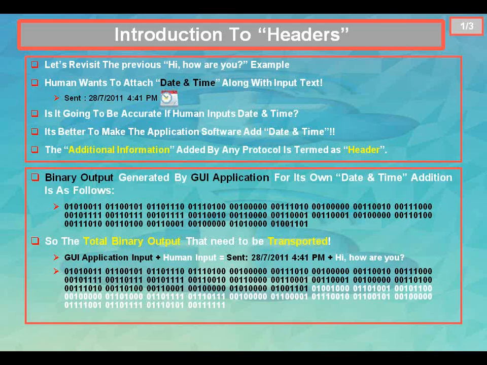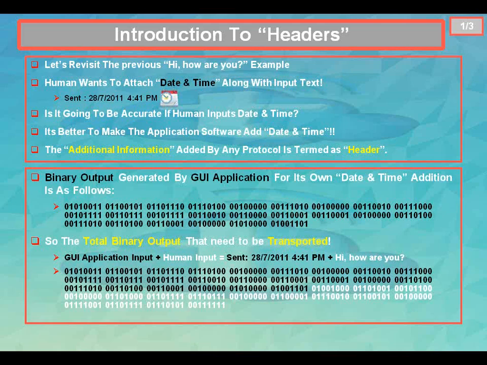But if the sender is sending a 20 byte header and the receiver understands it as 22 bytes or 19 bytes, it is wrong. Why? If he converts 19 bytes, what happens? 1 byte will be added to the human input. Now the human input will look wrong. It won't look like "hi, how are you"; one additional character will be added there.